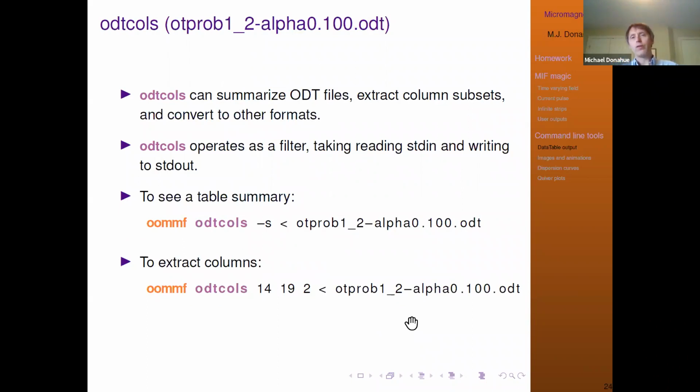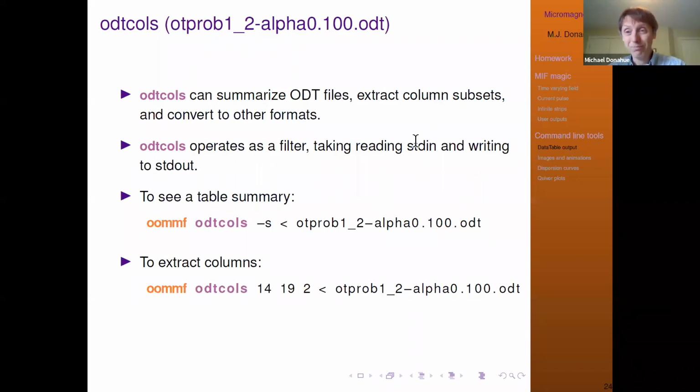Okay, so the first tool I'm going to talk about is ODT calls. This is a utility that works with the scalar data output, the OOMMF data table files. When I was looking at the tri-layer film or at all the different outputs, that list of outputs that comes down from mmGraph, all those outputs show up in the data table file that you save in MM archive.